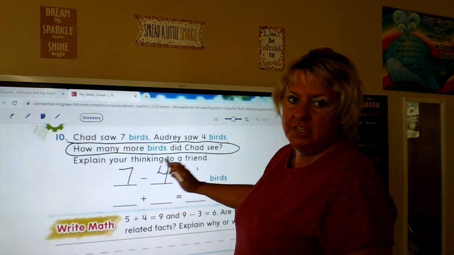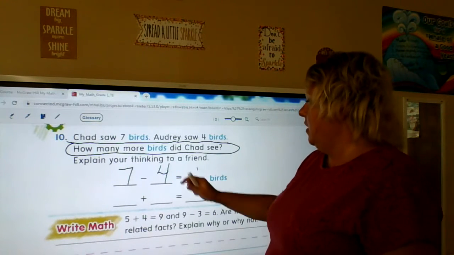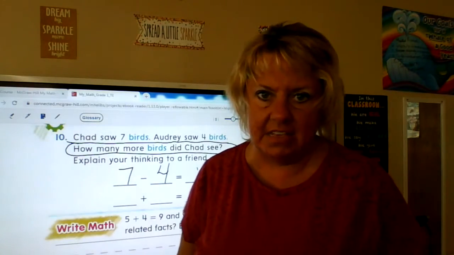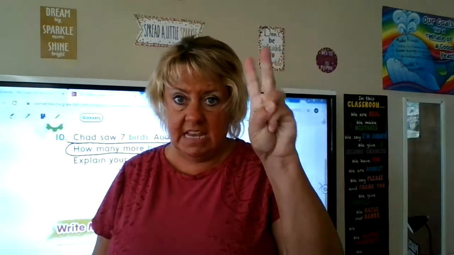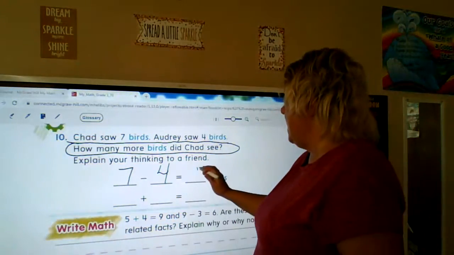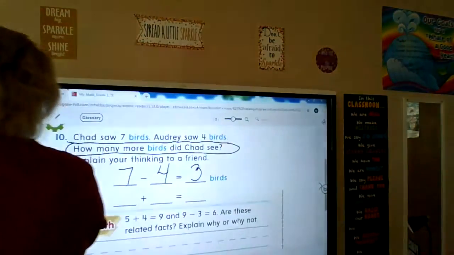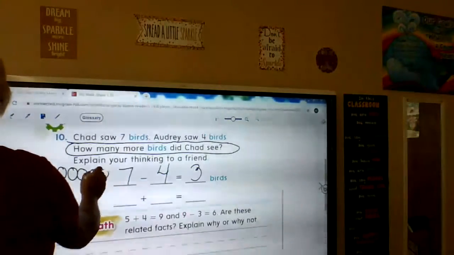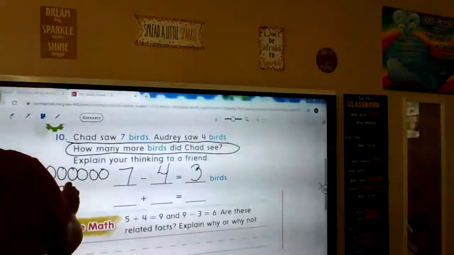What's the difference between 7 and 4? We're going to start with 4 and count up till we get to 7 to find the difference. 4, 5, 6, 7. That would be 3. Or, boys and girls, do you remember the other day we drew 7 circles and then 4 circles.